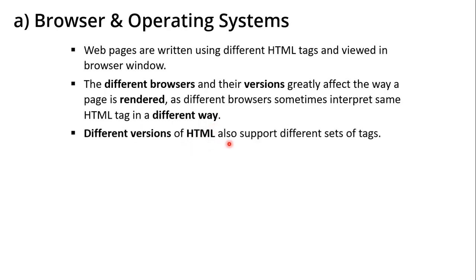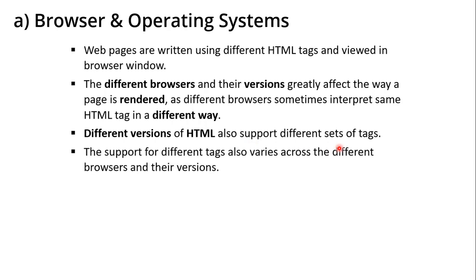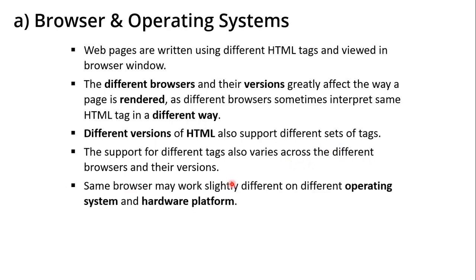Different versions of HTML also support different sets of tags. The support for different tags also varies across the different browsers and their versions. This is the major problem. In which browser you are opening your web page, and in which version of HTML you are writing your web page, this also affects it.